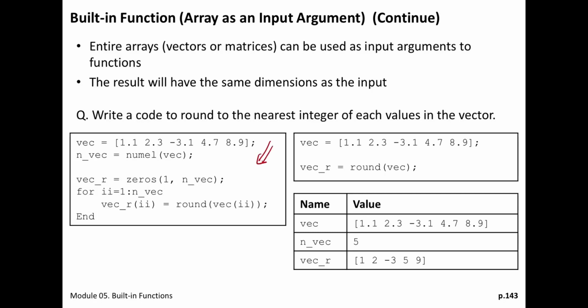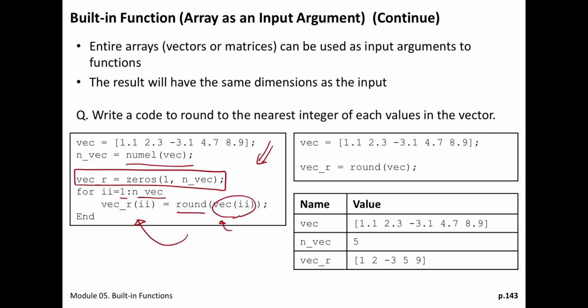First, count the number of elements and initialize your output vector, and then set up the loop range 1 to n, the vector length, and then put the single scalar element into the round function, and the output value is assigned to that vector r.